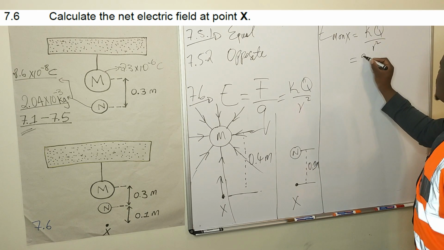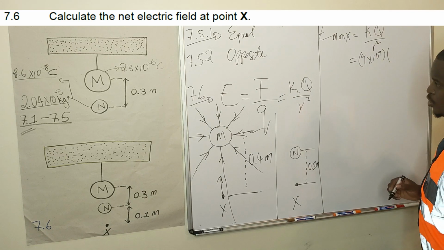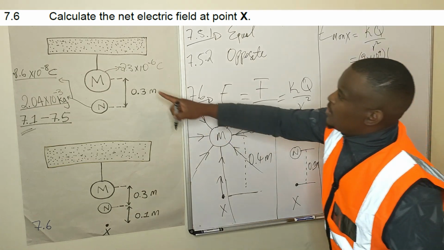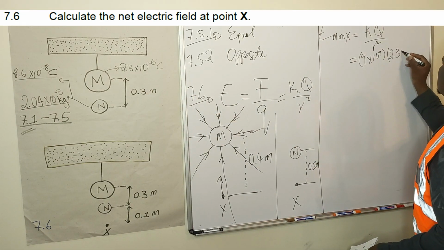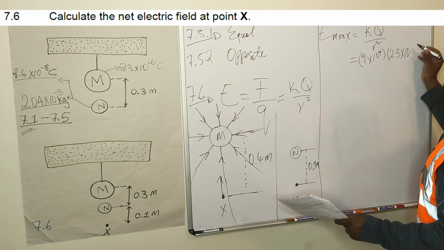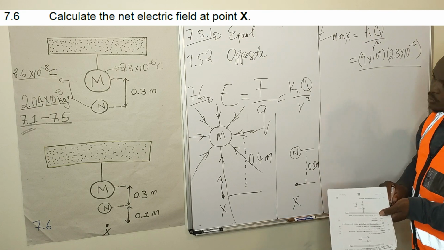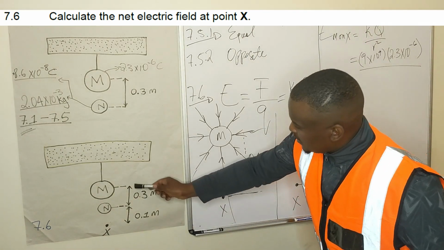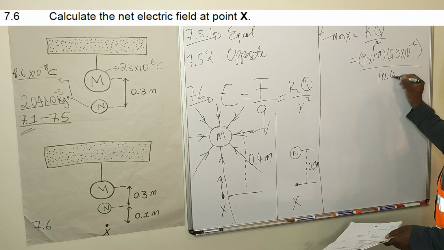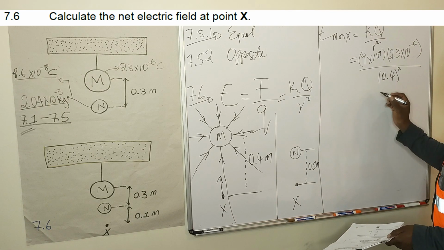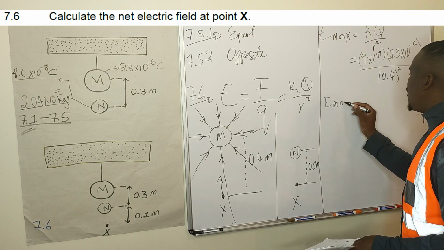What is your K? 9 times 10 to the 9, times Q. The Q is what we just calculated, which is 2.3 times 10 to the minus 6, all over R squared. What is the distance between the two? The distance between the two is 0.4, which is what we just discovered. So we say 0.4 all squared. So this is the electric field of M on X.